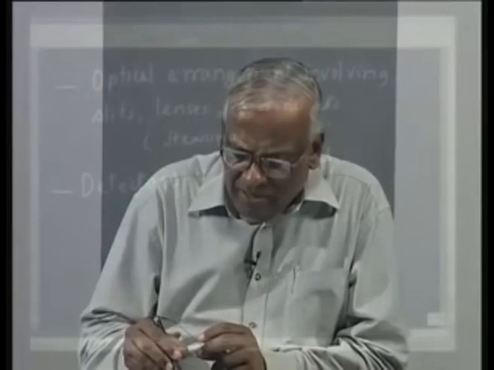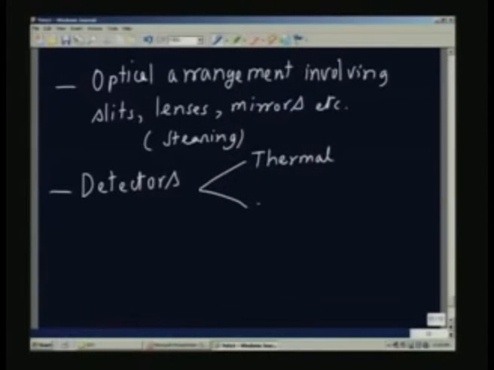And the second type is called the quantum detectors, which rely on either photovoltaic, photoconducting, or photomultiplier effects. These quantum detectors actually detect the photons through any of these three.